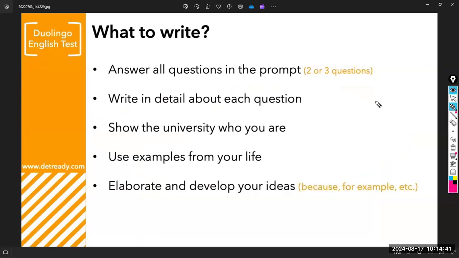So, I have to answer all the questions in the prompt. I have to give enough details and thoughts, please, about each question. Keep in mind to do that, guys, to give enough details for the questions, you have to mention at least one reason, and at least a certain example.